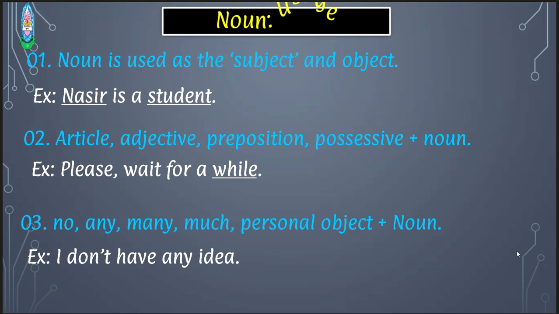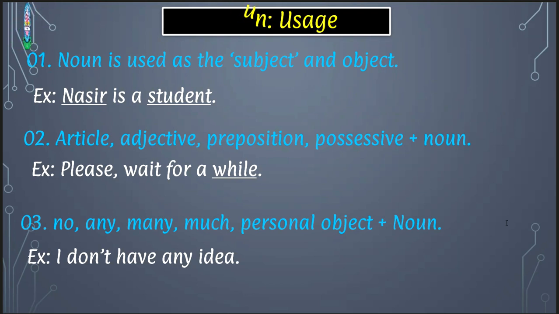Nasir as the subject is a noun, and the word student is also a noun. So a noun can be used as the subject and the object.